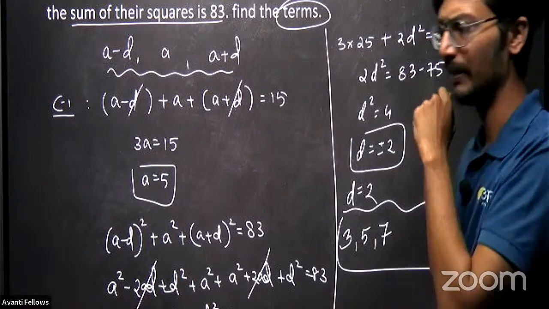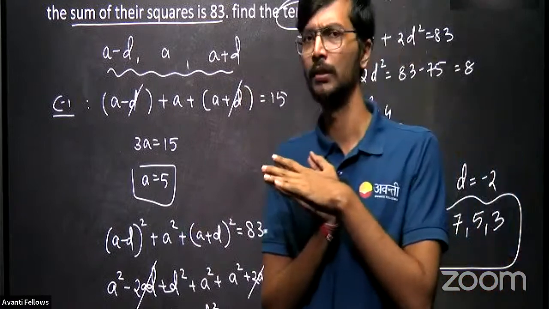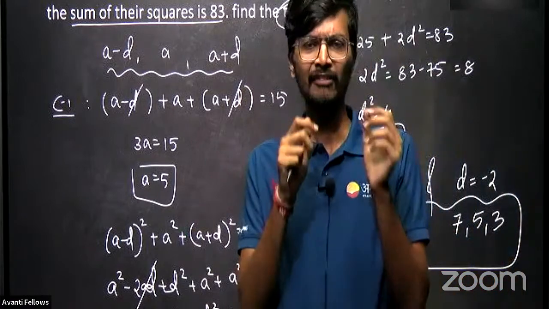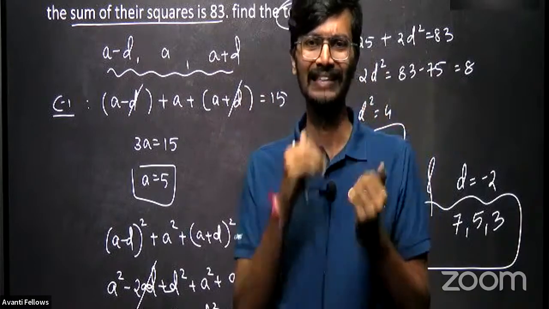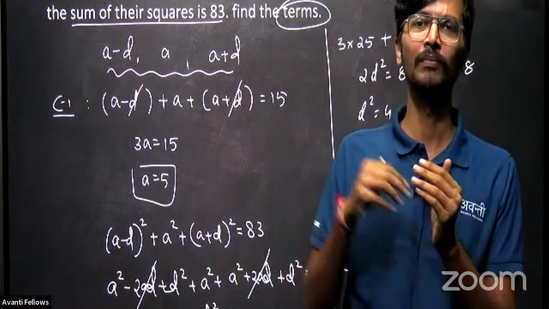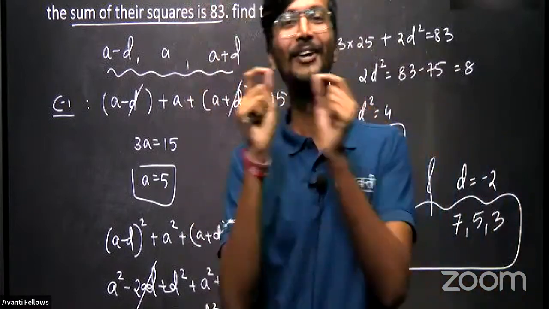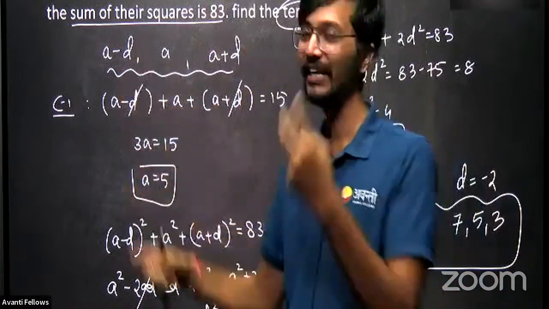This is basic algebra, and I hope you know, let me tell you the basic rule of algebra: if we have two unknowns, then we need two equations to solve, and we can get those two equations from the conditions given in the question. Got it? So here there were A and D, two unknowns.